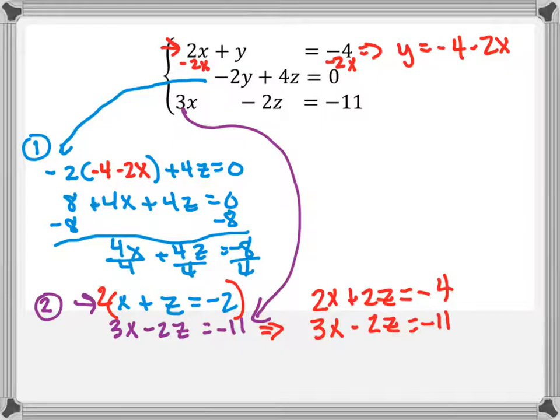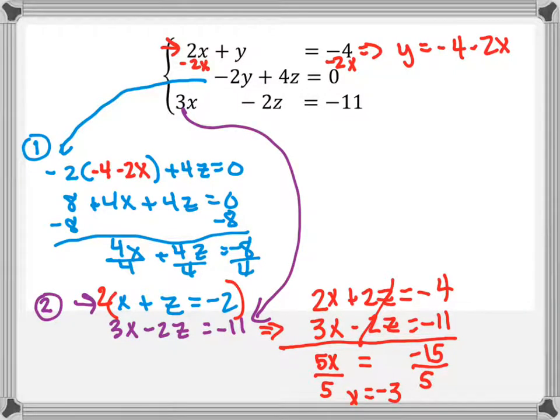So here, multiplying my first equation by 2, I get 2x plus 2z equals -4. I left my second equation alone, so 3x minus 2z equals -11. Now when I add the two equations together, my z's cancel out, and I have 5x equals -15. Dividing both sides by 5, x equals -3.